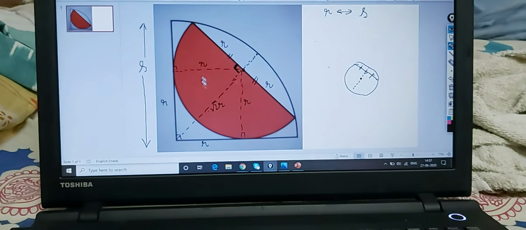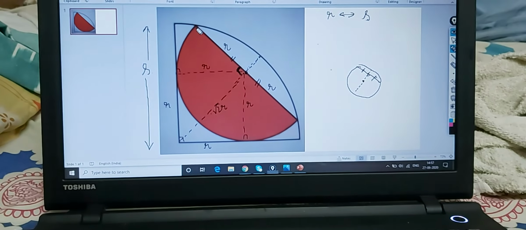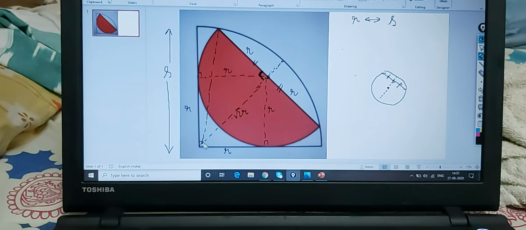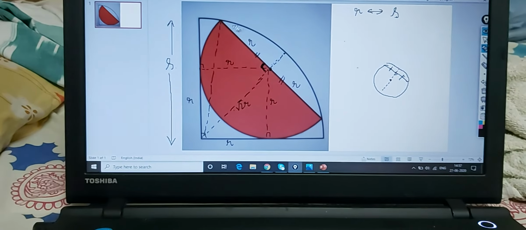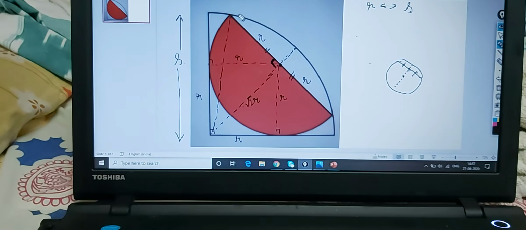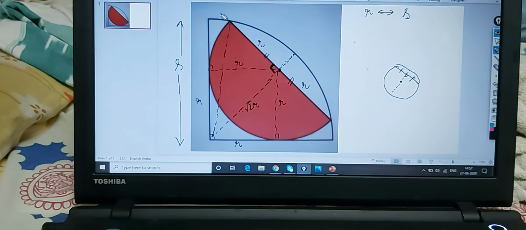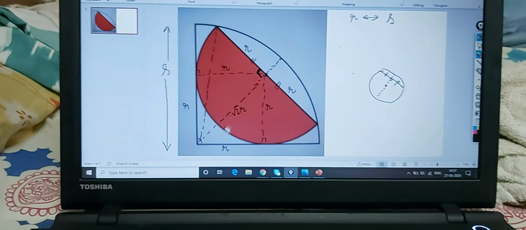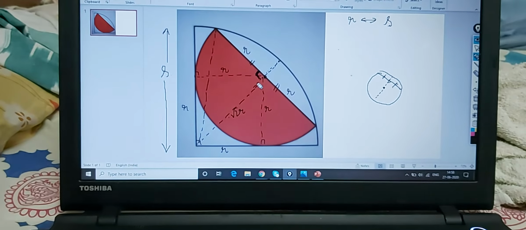Okay, so I'll try to join this now. This is similar to a problem we had already solved. You can refer to the previous videos. So I'm again trying to join this. Why did I join this? Because I need to get a relation between s and r. So here I can get a right triangle. See here, this is a right triangle. You already found this length.